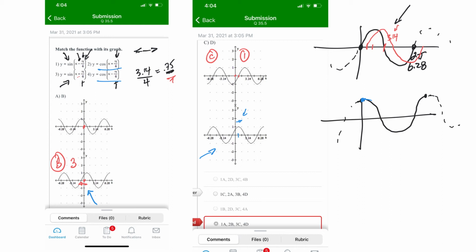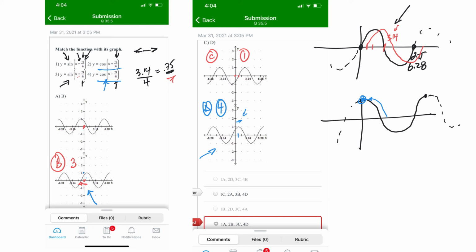Because it usually starts here, but this one is starting over here somewhere and then going down. So if it's been moved to the right, that would be a minus, so I would call it number 4. So D, I would probably say, is number 4. That leaves this one. If it's the cos graph, usually it starts there.